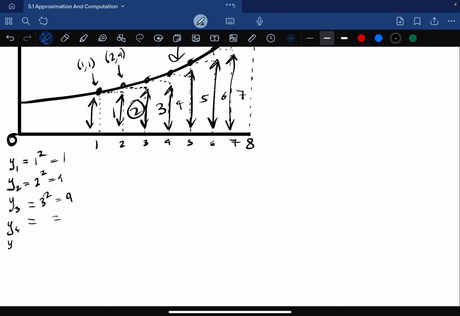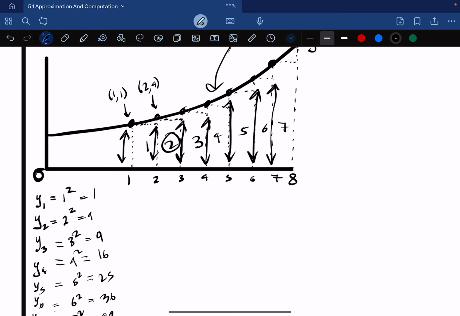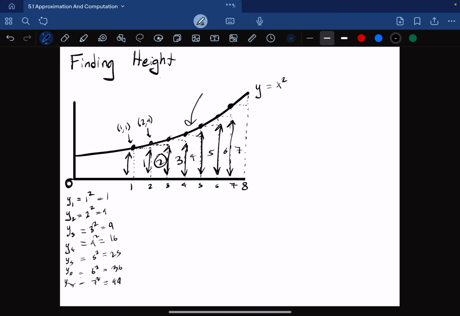So this is going to be 4, 5, 6, 7. So 4 squared, 5 squared, 6 squared, 7 squared. So 16, 25, 36, and 49. So what you find very quickly is that it's not hard at all to find the height or the y value of each of these points as soon as you can find the x value of the endpoint.